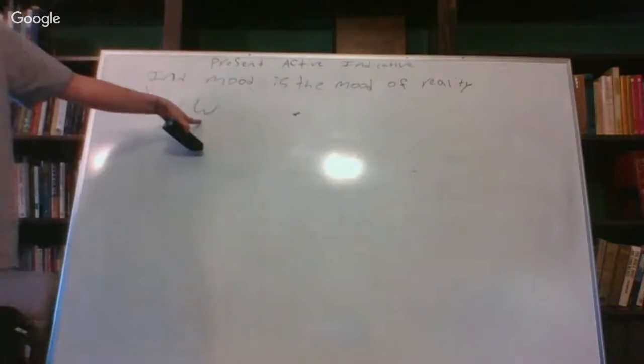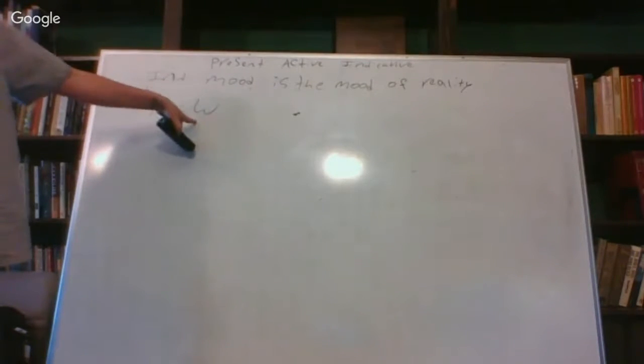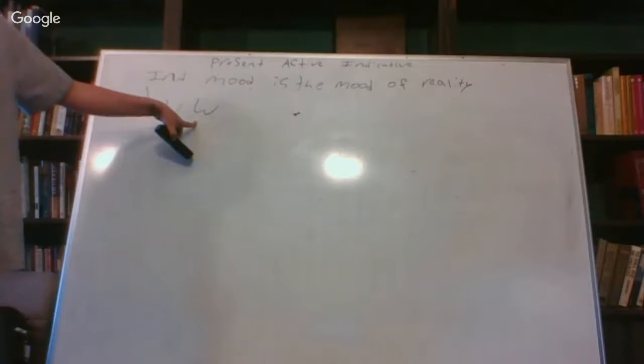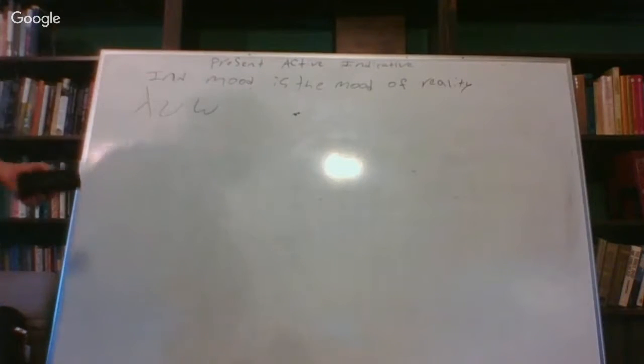But this is not actually the personal ending in the first person singular. I'll tell you a little bit what's going on. There's a little bit more morphology in the verbs than there is in the nouns. So you'll see the stem of the word change more frequently based on what's happening in the verb.